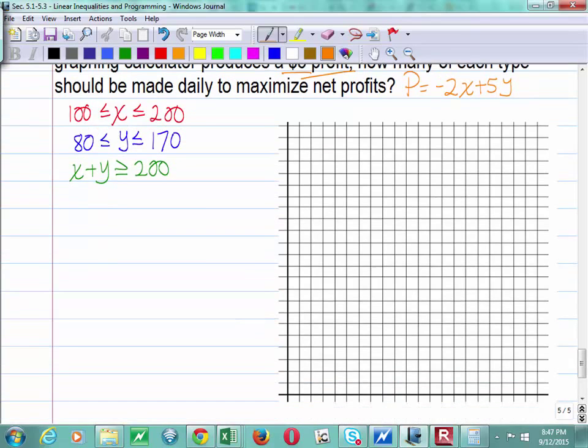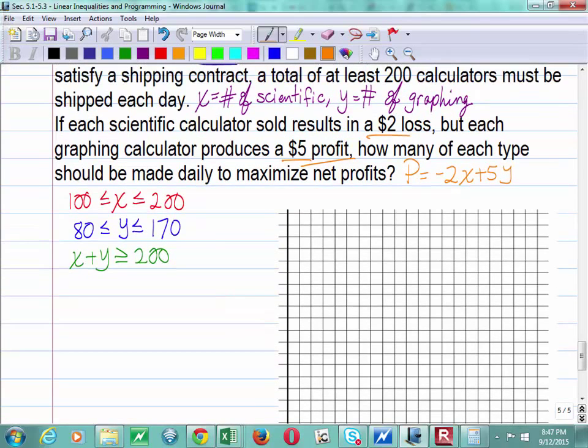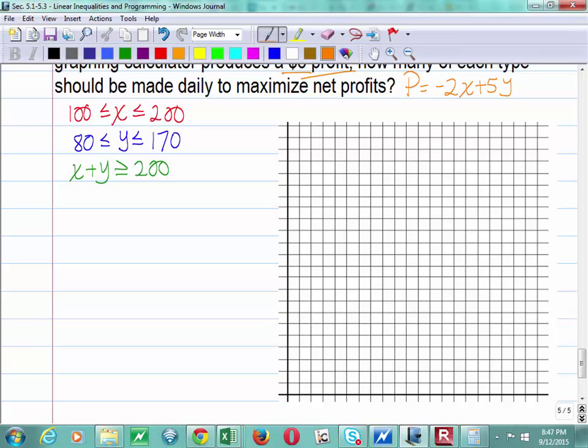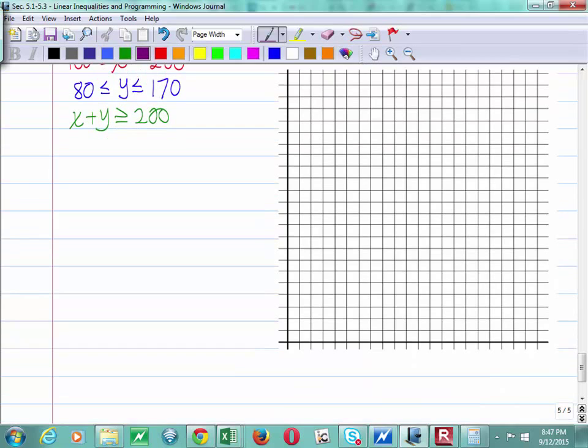Alright, so let's see here. I think if we count by tens, we should be good on the scale of the graph. 10, 20, 30, 40.